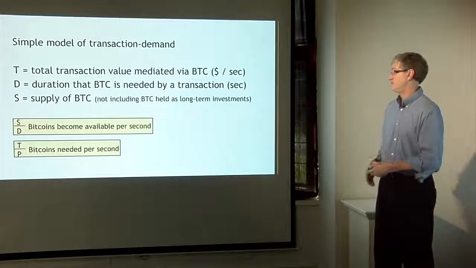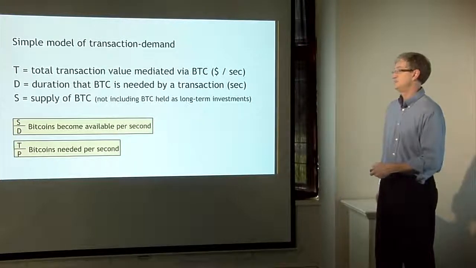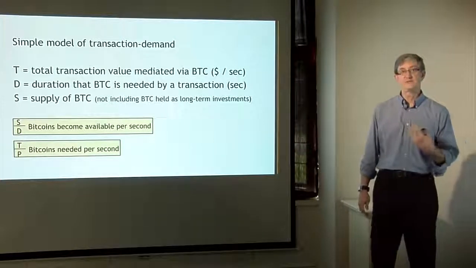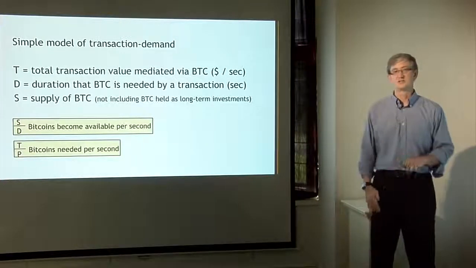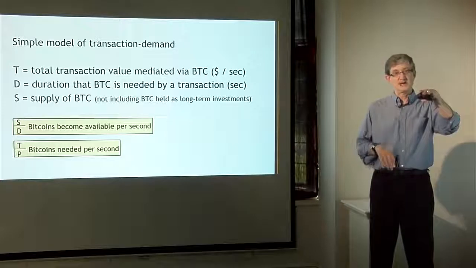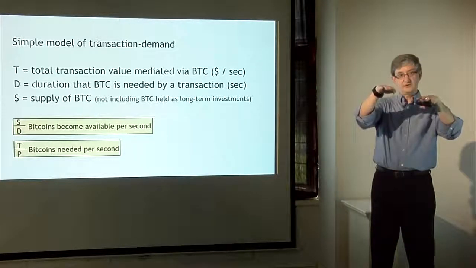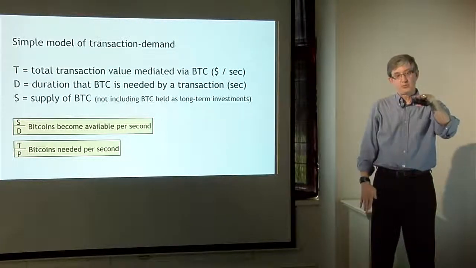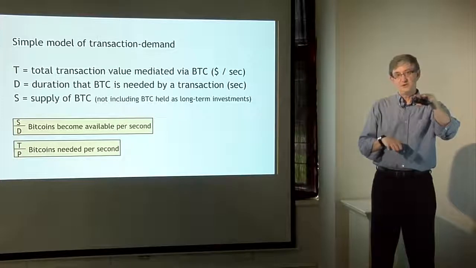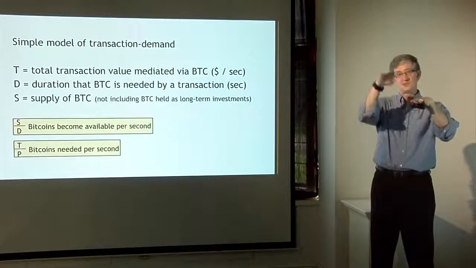And when price goes up, then because price is in the denominator of the demand, that means demand will come back down. Demand for bitcoins will come back down as the price goes up. So if you have supply here and demand here, then the demand will be pulled down toward the supply, right? And so we've argued that the demand will always be pulled toward the supply.